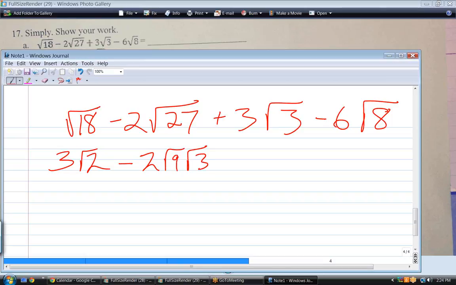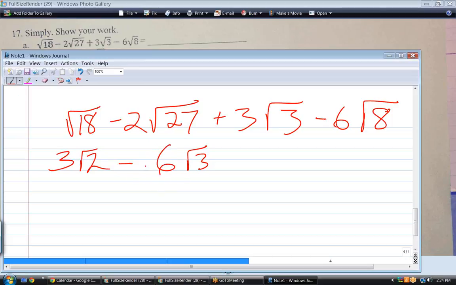What's square root of 9 become? Square root of 9 becomes 3. The square root of 3 becomes the square root of 3. And hold on. We're multiplying by 2. In other words, we can't multiply this 3 times the square root of 3, but we can multiply 2 times 3. It becomes 6. So I can turn that into 6.